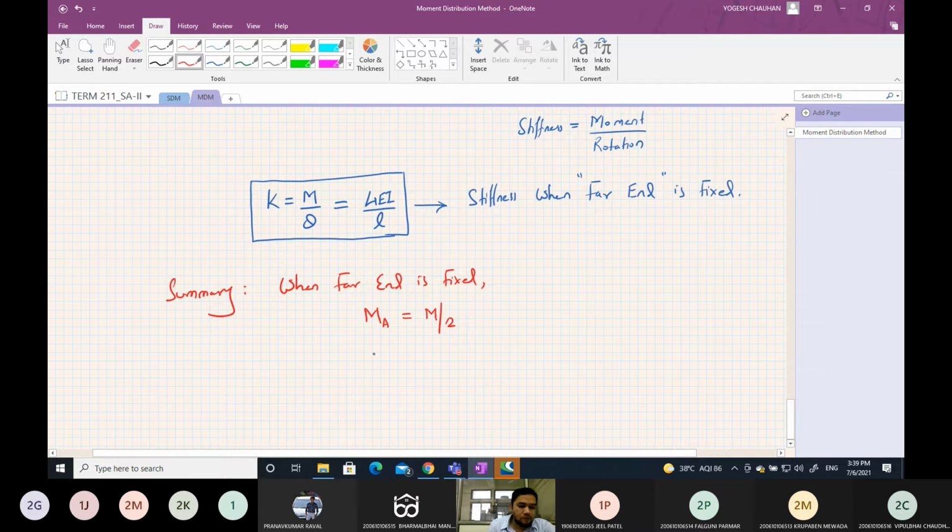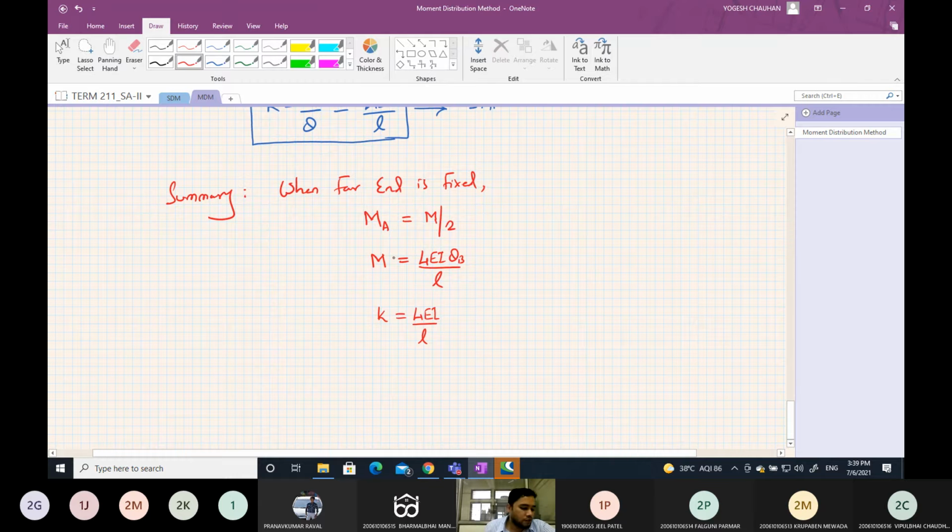Okay, the moment to be applied at B to produce rotation of theta B is given by 4 EI theta B by L, and the stiffness is given by 4 EI by L. Okay, so this is the summary of this case.